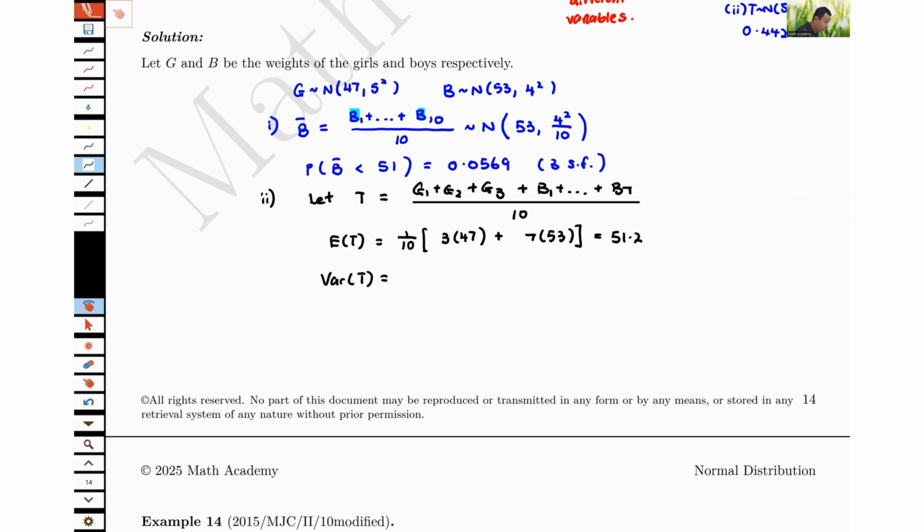Just that you have to be careful once again. The 1 over 10 is a coefficient, so you want to treat it as 1 over 10 squared. And you have 3 times variance, 7 times variance. Do not square the 3 and 7, they are subscripts. Only coefficients we square.